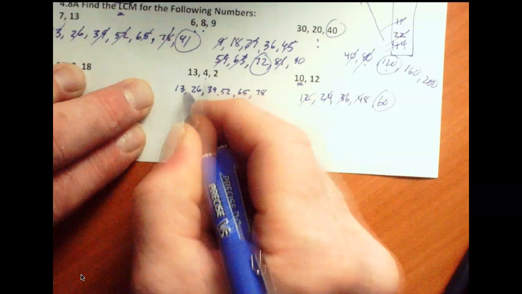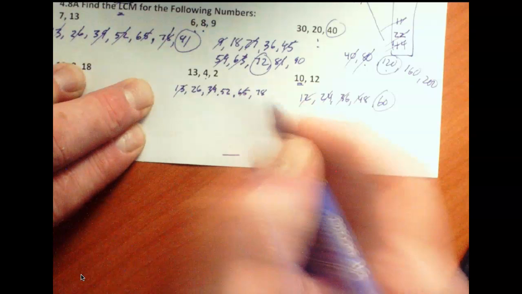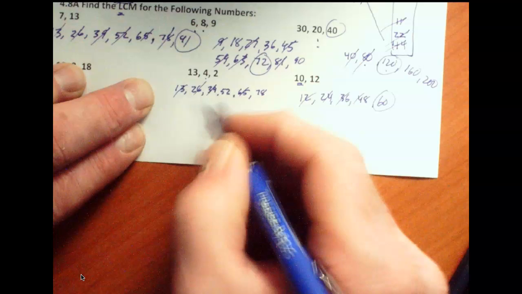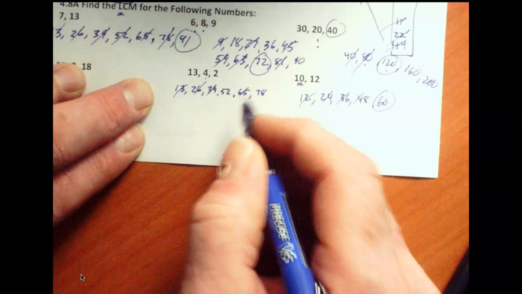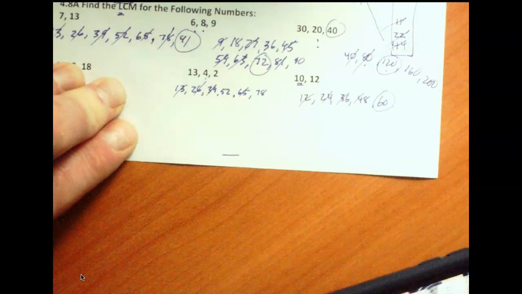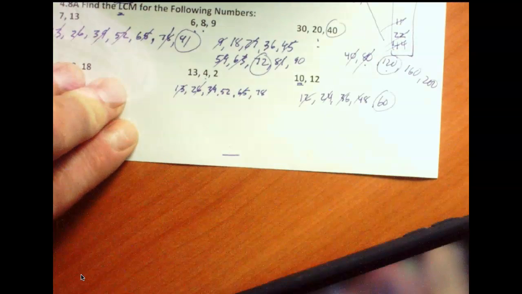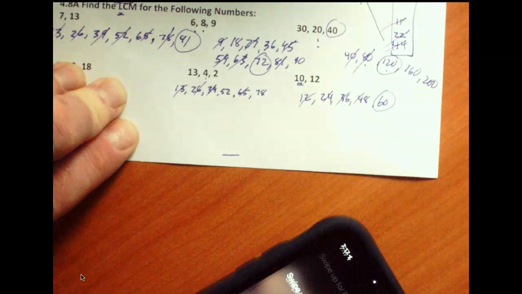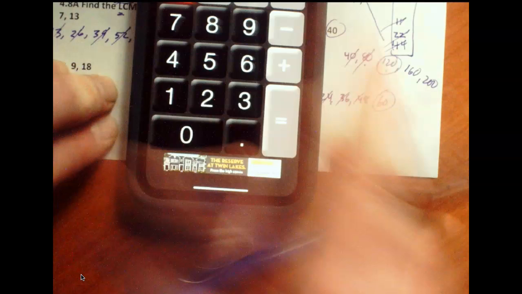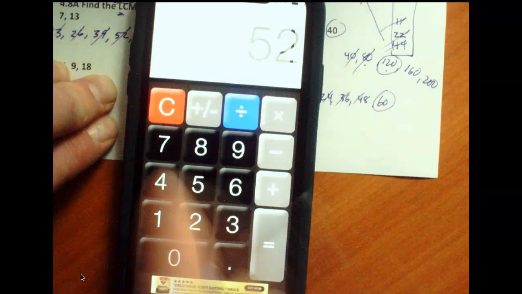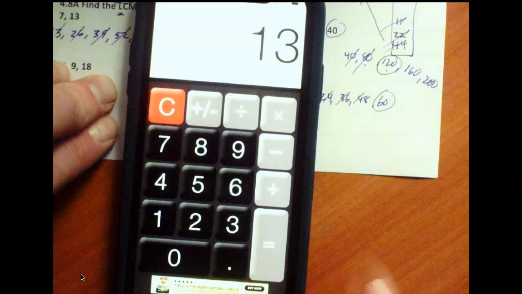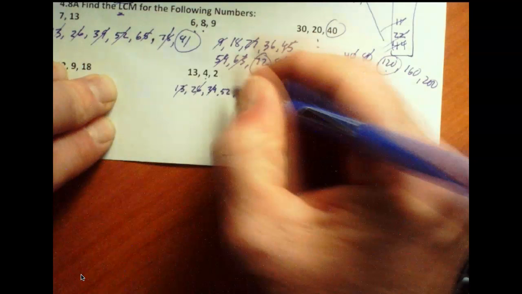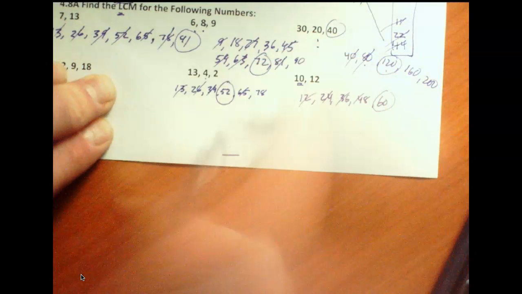Well, 4 is not going to go into anything that's odd. 4 doesn't go into 26. Does 4 go into 52? Well, we can check it. So, my calculator clear. So 52 divided by 4 equals 13. It does. 52 goes in there, and of course 2 does as well, because it's an even number.